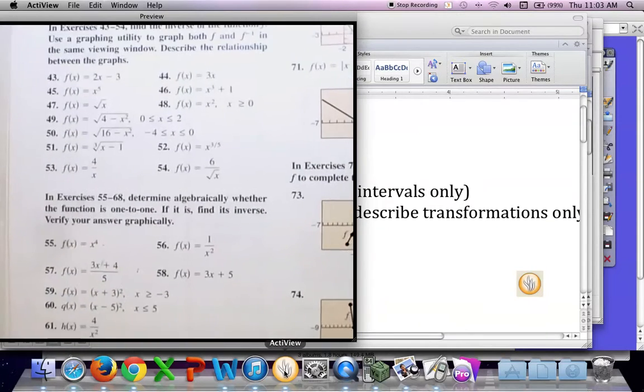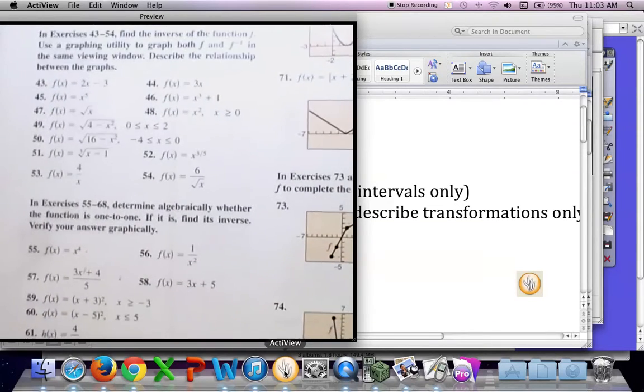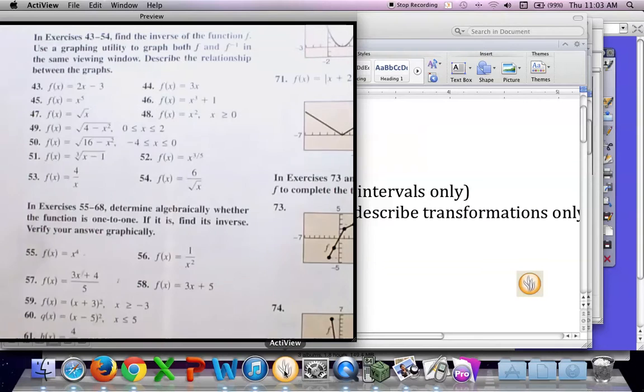I mean, it's kind of the same thing. This one said, do it algebraically, check the one-to-one algebraically, and then find the inverse. I had to do the horizontal in that other set of problems, and this one says find the inverse. So you could use those two together to practice this.